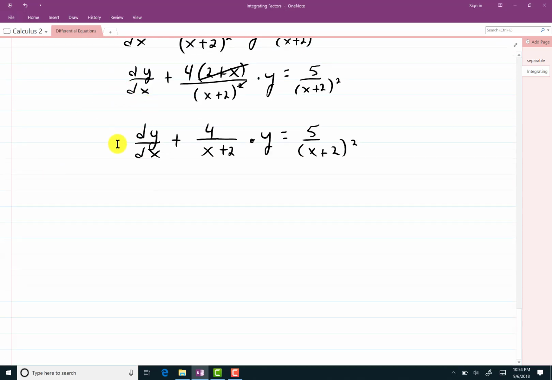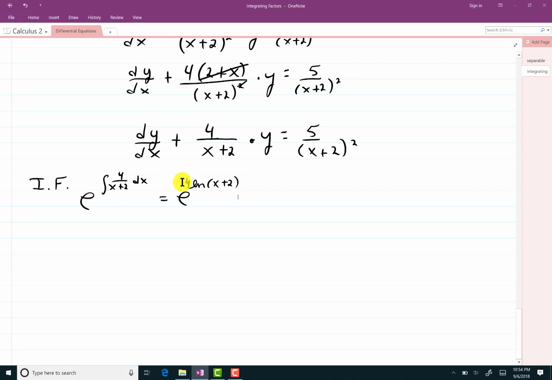Remember, the first thing I have to do is find an integrating factor, so that keys in on this stuff. My integrating factor, I of x, is going to be given by e to the integral of 4 over x plus 2 dx, and that equals e to the 4 times the natural log of x plus 2.